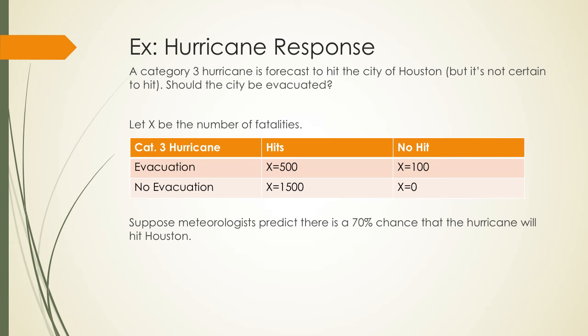We can compute the expected number of fatalities for both an evacuation scenario and a no evacuation scenario. First, I'll note the probabilities of each outcome for the random variable. We get p equals 0.7 for a hit and p equals 0.3 for no hit. To compute the expected value for the evacuation scenario, we use the values in the first row.